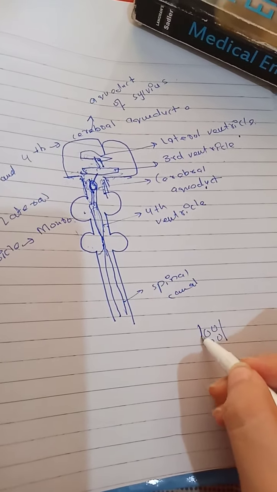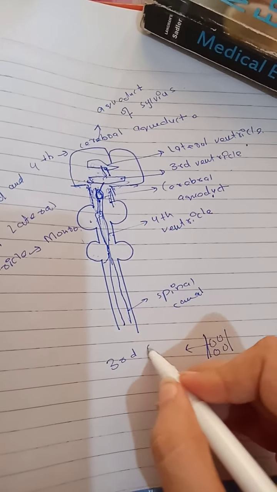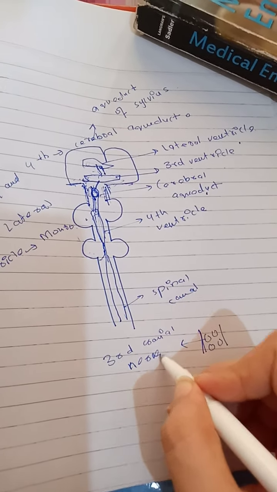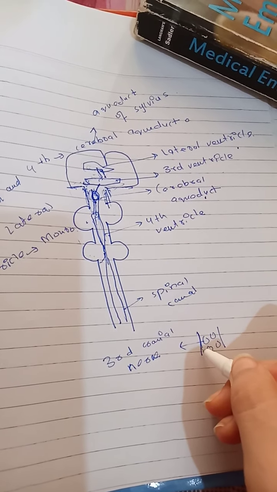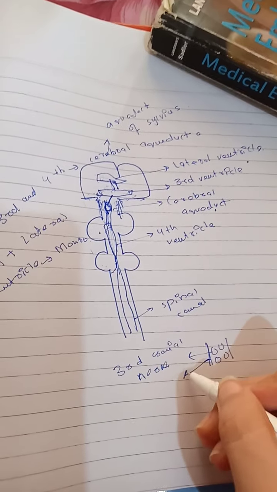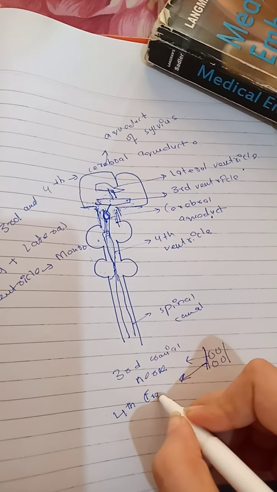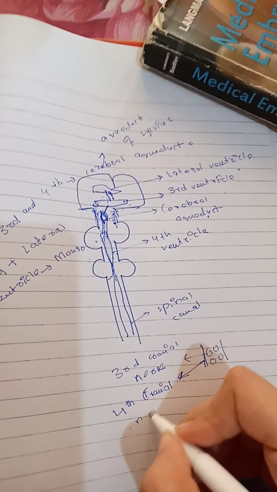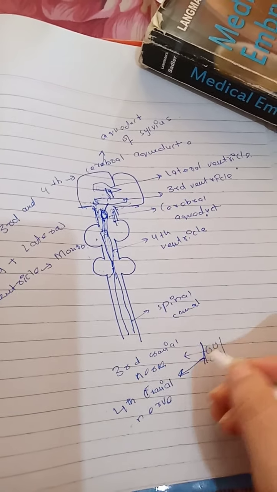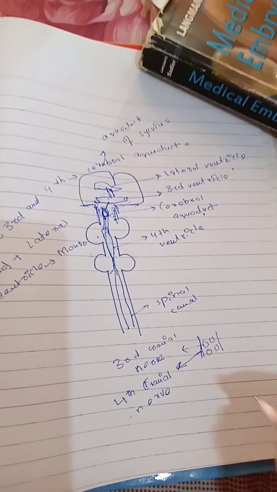The nerve present near the superior colliculi is the third cranial nerve, and the nerve present near the inferior colliculi is the fourth cranial nerve: the oculomotor and the trochlear nerve.